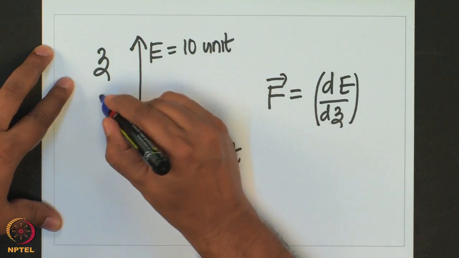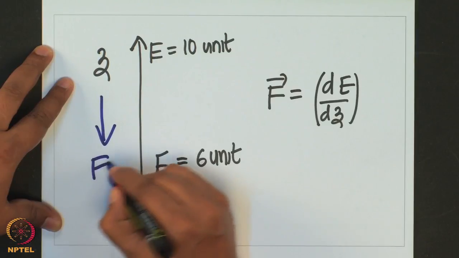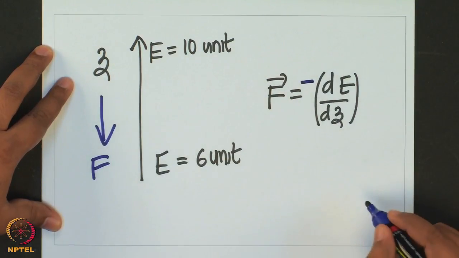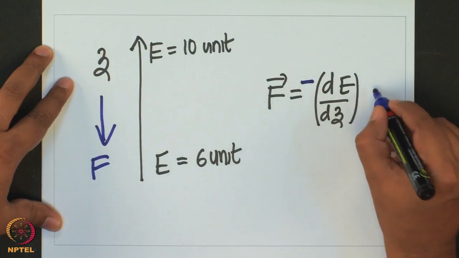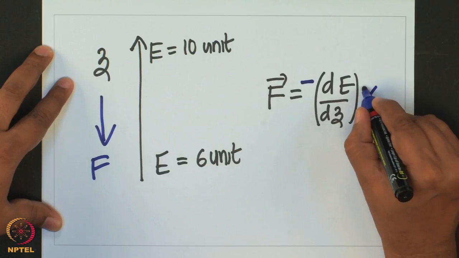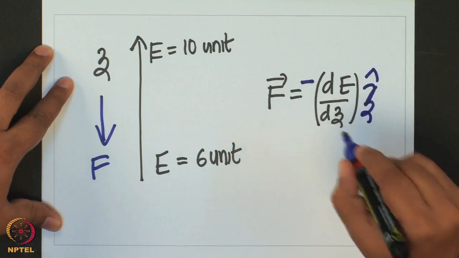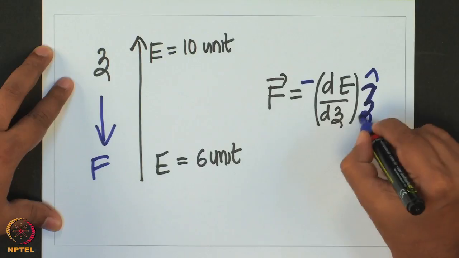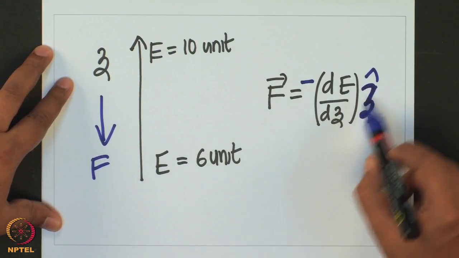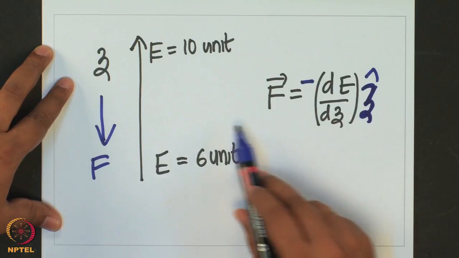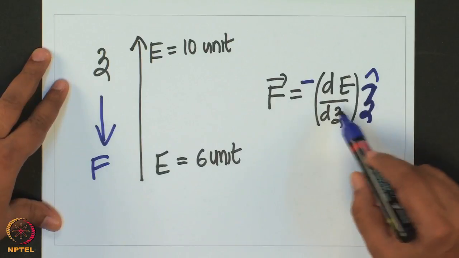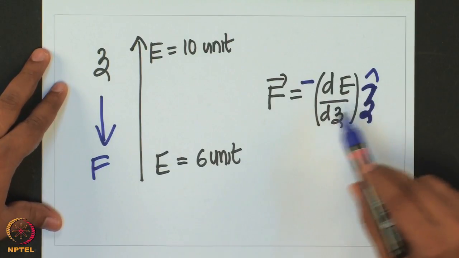The direction of the force will be from high energy to lower energy. So the force will have a minus sign and be along z cap. So F will be minus dE by dz, z cap. This is the definition of force, from higher energy to lower energy.